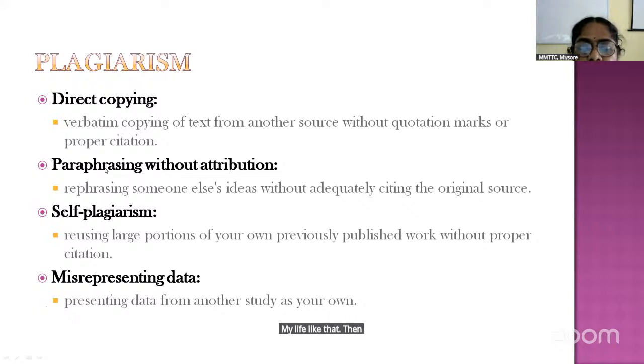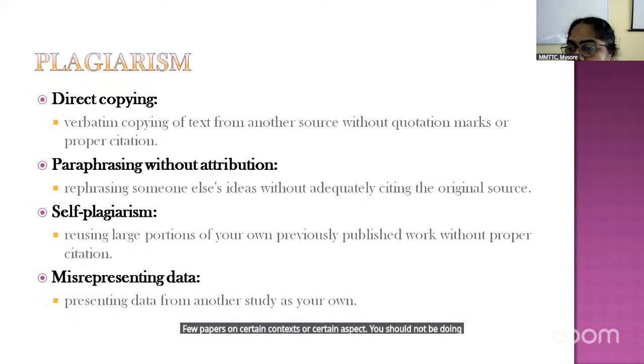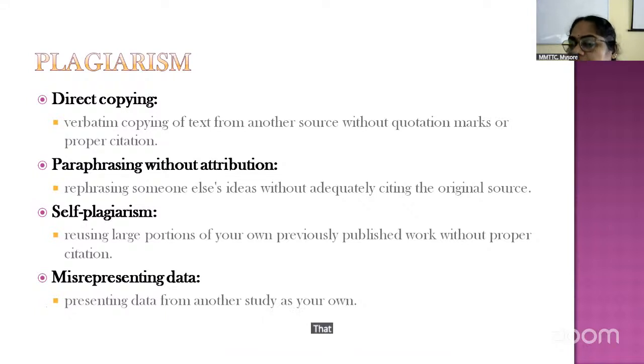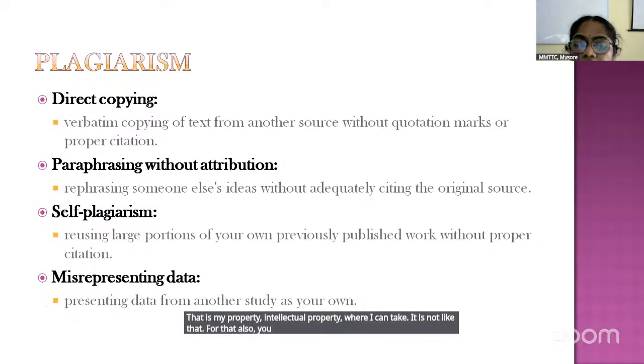Then self-plagiarism. Already I have published a few papers on a certain context or aspect. You should not be doing self-plagiarism. That means, I have done it, that is my work, my intellectual property, so I can take it. It is not like that. For that also you should give citation.